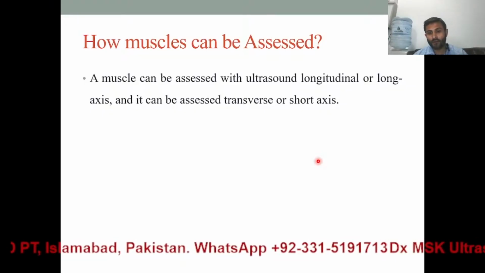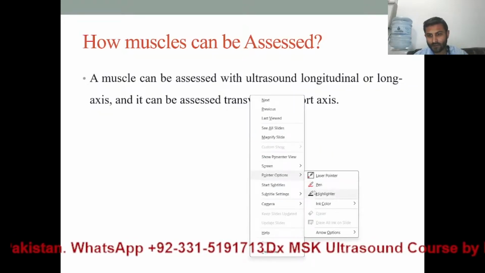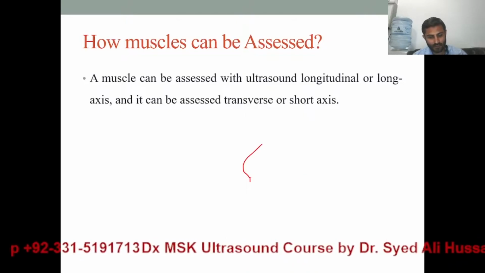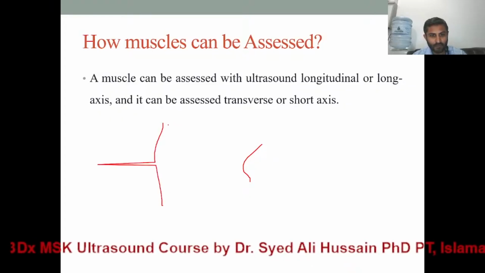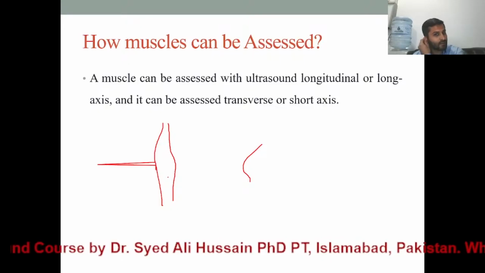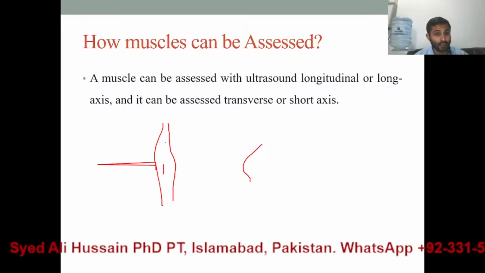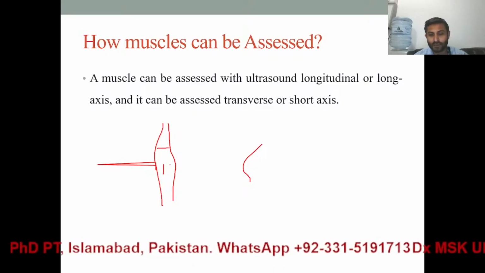Let me make something I believe you can understand. If we have a bicep muscle, it will be like this. So this is the orientation of long axis. If we keep the probe like this, it is called the long axis, and if we keep the probe like this, it is called the short axis.